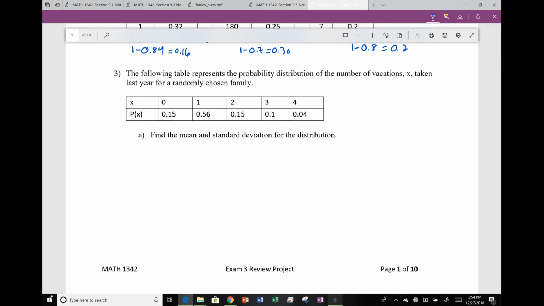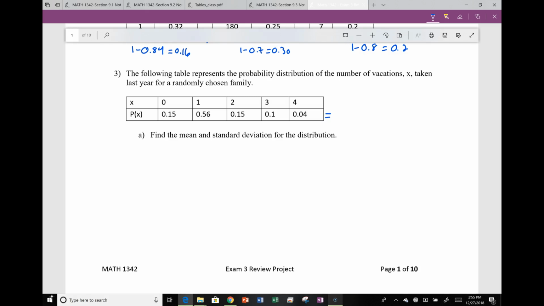Now, the following table represents a probability distribution of the number of vacations, x, taken last year for a randomly chosen family. So this row represents the number of vacations, 0, 1, 2, 3, and 4, for each family. There's a probability that a family took 0 vacations, 0.15. 1 vacation was 0.56, and so forth.